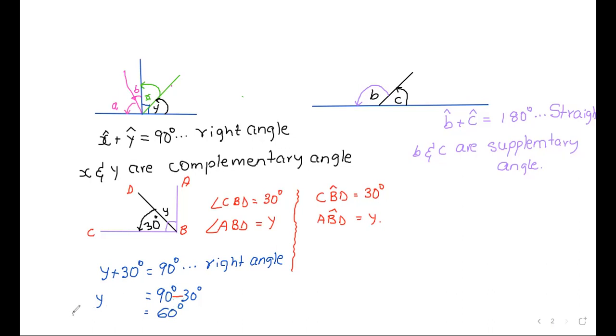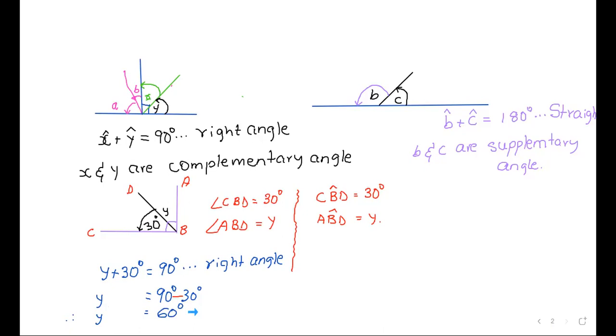Therefore, angle y is equal to 60 degrees. We have managed to solve for the value of angle y.